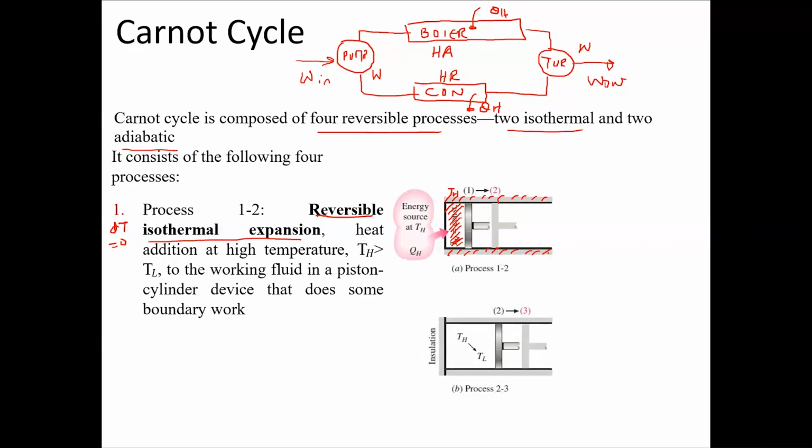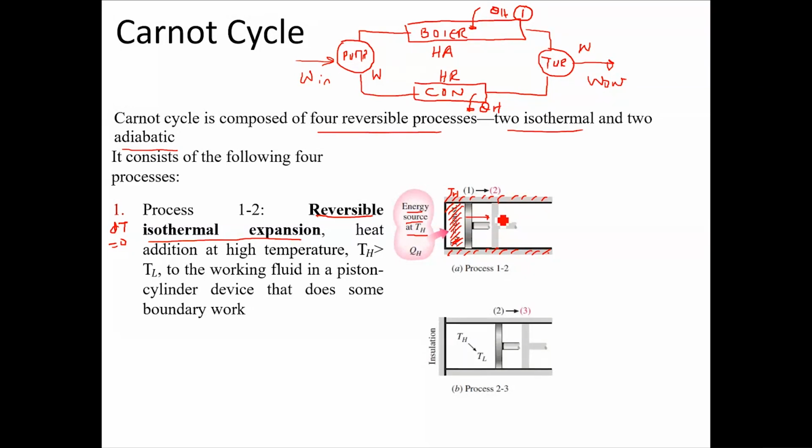Now, the first process resembles the heat addition process. You have to add heat into the system. You have not insulated the back side of the piston, and you have brought this piston cylinder assembly close to an energy source which is at a higher temperature TH. As a result of this expansion process, the temperature would essentially decrease.